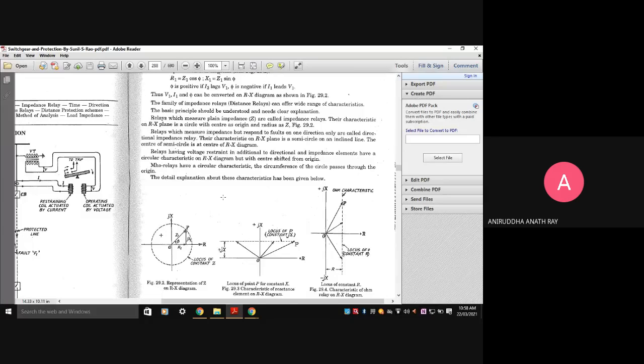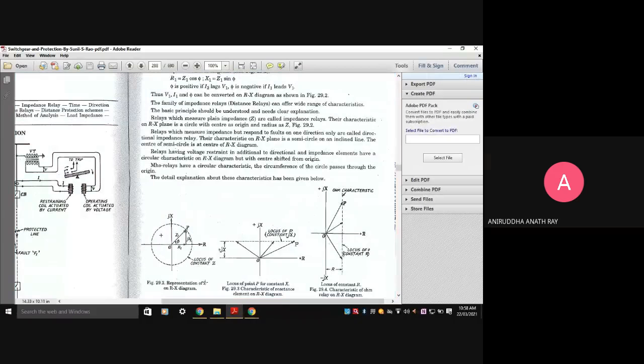There is a family of impedance relays or distance relays offering a wide range of characteristics. The basic principle needs to be understood and needs clear explanation. The relays which measure plain impedance are known as impedance relays. As you can see over here, this is the RX diagram of the impedance relay.